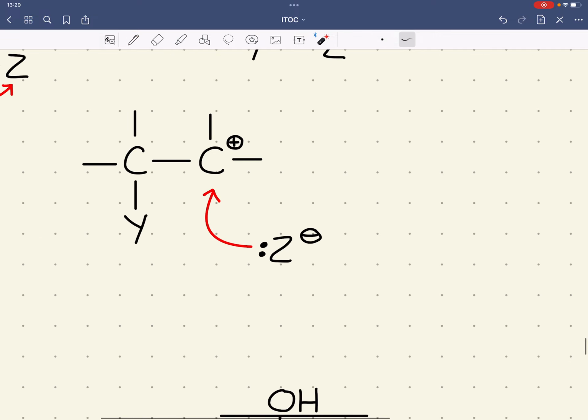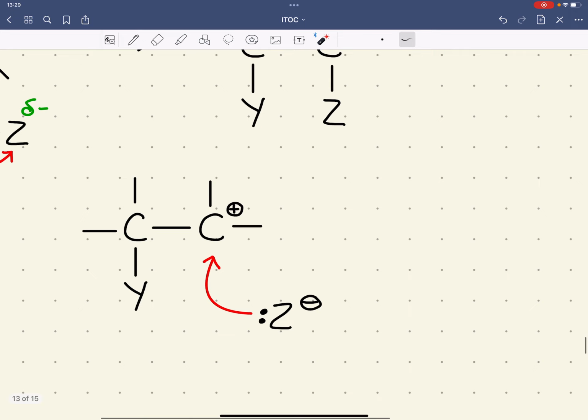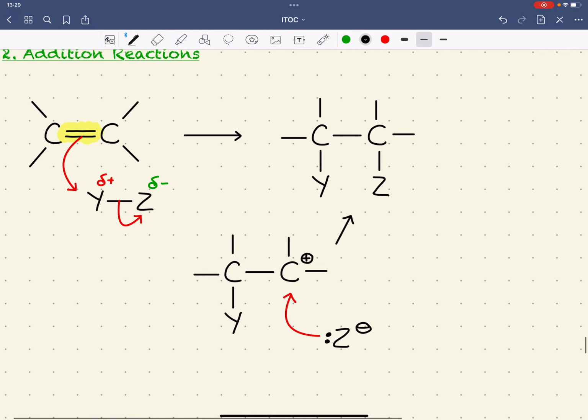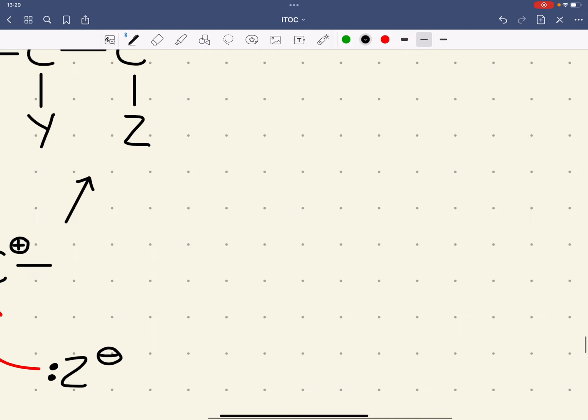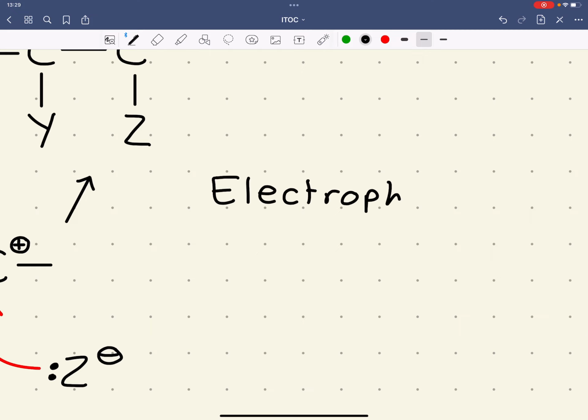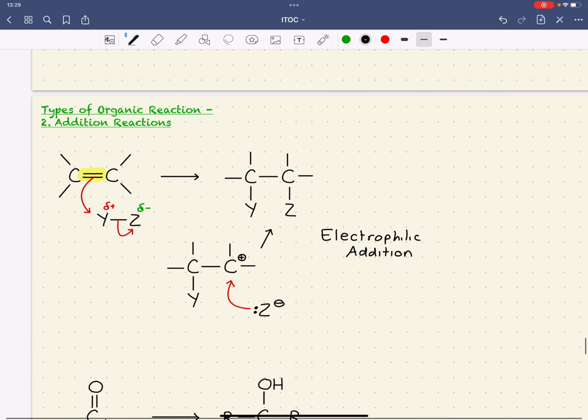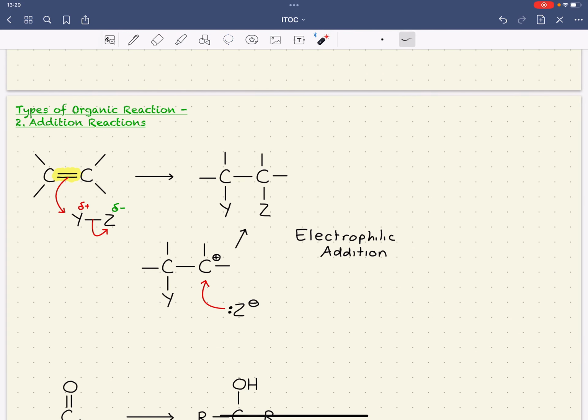We call this a carbocation, and the result would give us our product, which you've got there. So that would be an example of something called an electrophilic addition reaction. We have an electrophilic addition because we're adding this electrophile.